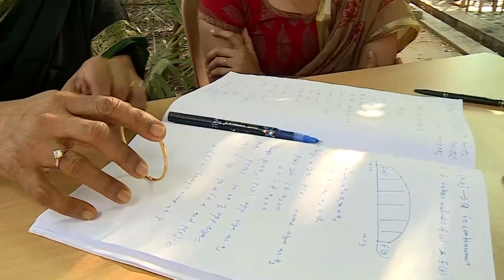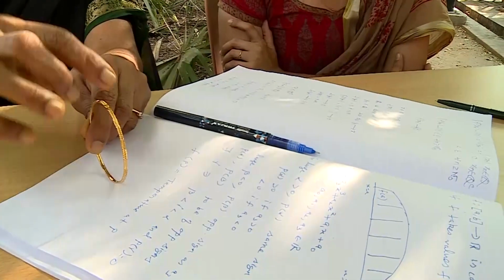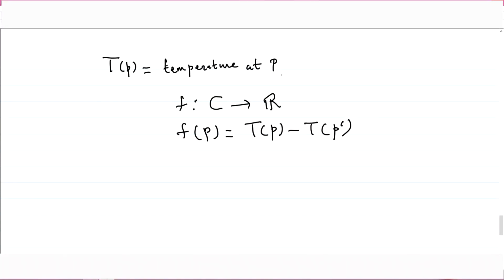Now fix a point A on this great circle C. And define the function f from the great circle C to the set of real numbers by f of P is equal to T of P minus T of P dashed, where T of P is temperature at P. Now consider f at A. Now if f of A were 0, then A and A dashed have the same temperature and we are through.